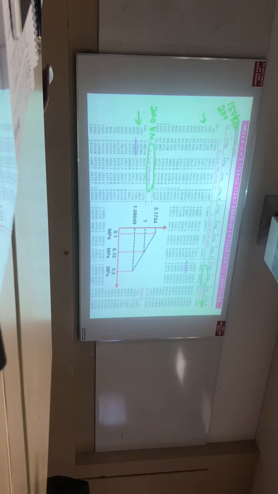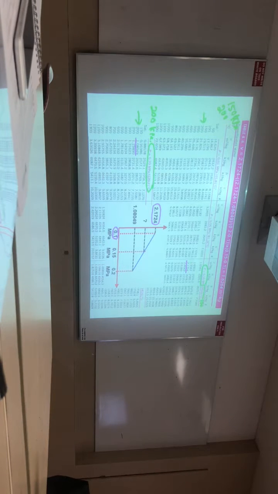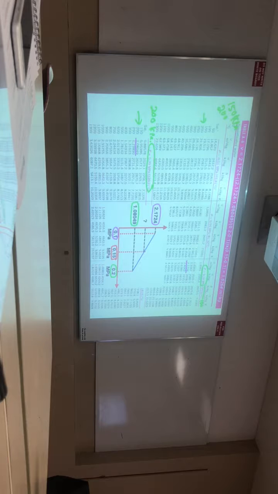That's why I can write at 0.1 MPa, specific volume is 2.1724. On the other hand, at 0.2 megapascal, specific volume is this value. So at 0.15, specific volume should be V.